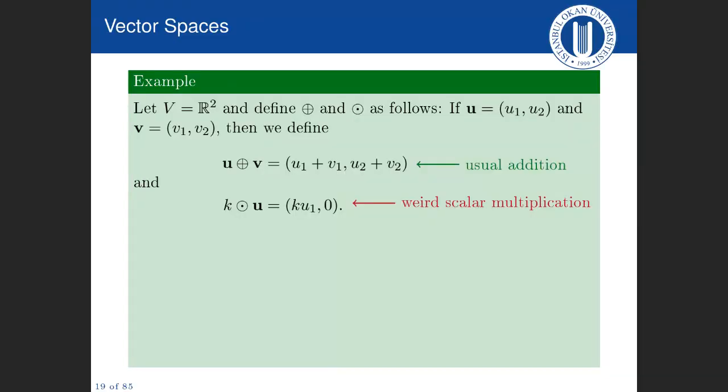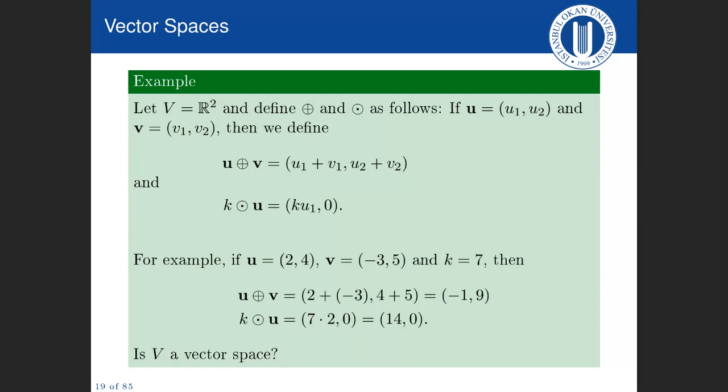So we have the usual addition here, but I have this weird scalar multiplication. So for example, if U is the vector 2, 4, and if V is the vector minus 3, 5, and if K is the number 7, U plus V is minus 1, 9, but K multiplied by U, 7 multiplied by 2 in the first position, and then just 0 in the second position, so 14, 0.